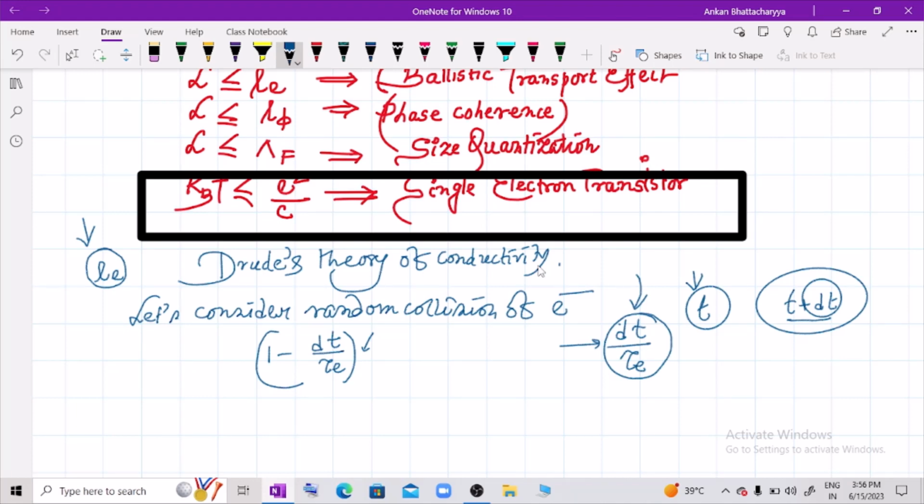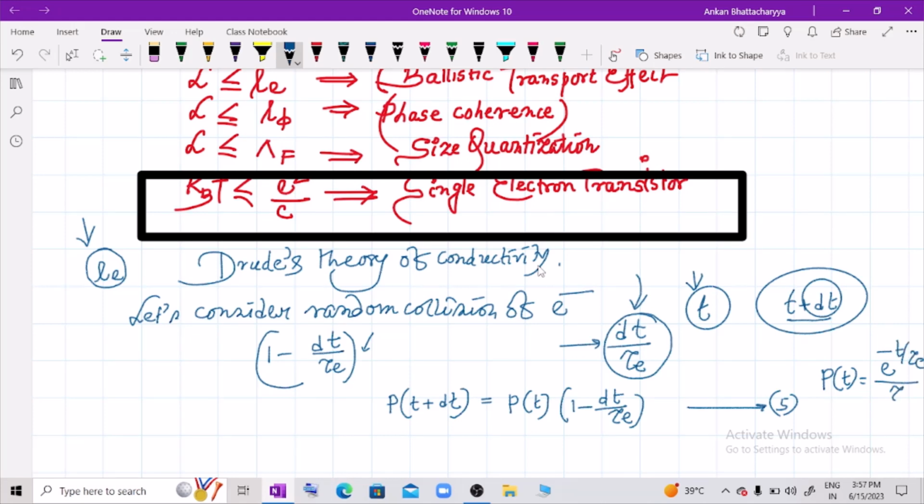Thus, according to the joint probability of independent processes, the collision probability at the t plus dt time interval will satisfy the equation P(t plus dt) equals P(t) into (1 minus dt by tau e). Now if I normalize P(t), I will get P(t) equal to e to the power minus t by tau e, divided by tau e.